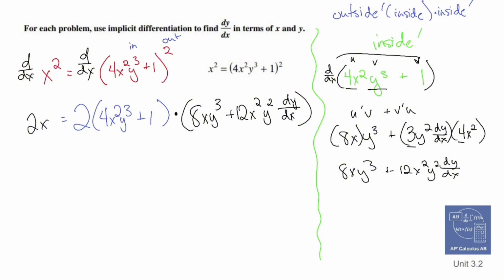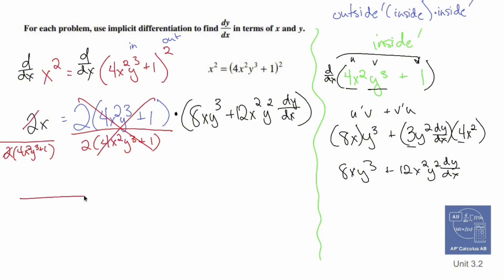I guess what we can do is, since I have this whole guy multiplied by that whole guy, and my job is to get dy/dx all by itself, let's completely eliminate the blue guy. So let's divide everything by 2(4x squared y cubed + 1). All of that goes away, and fortunately the 2's go away.